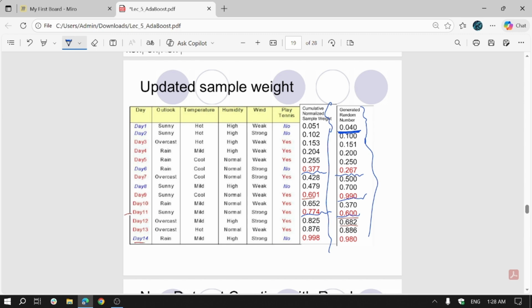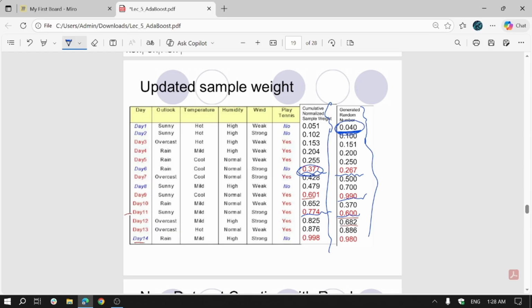So you can assume that if you have correctly classified data, then you take the generated random data nearly to your value, and if you have incorrectly classified data, then you can keep a distance.